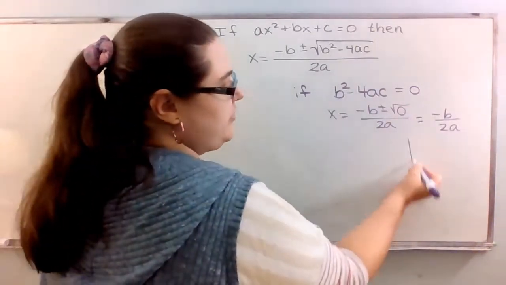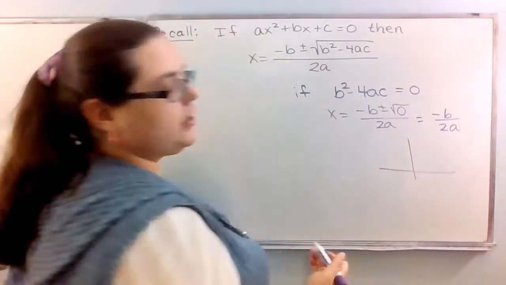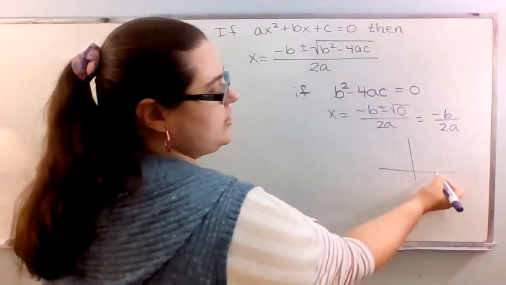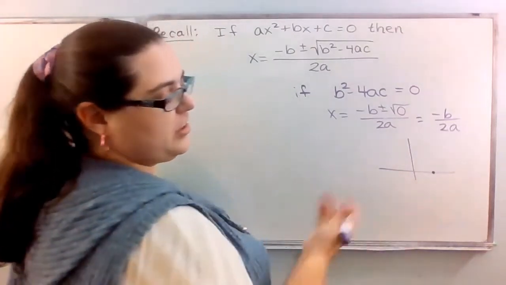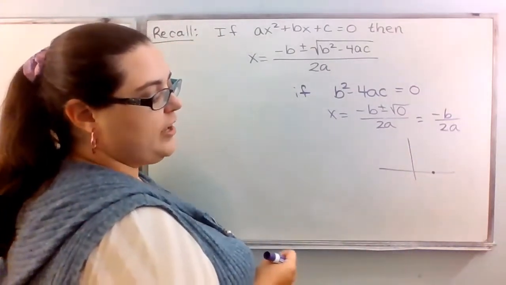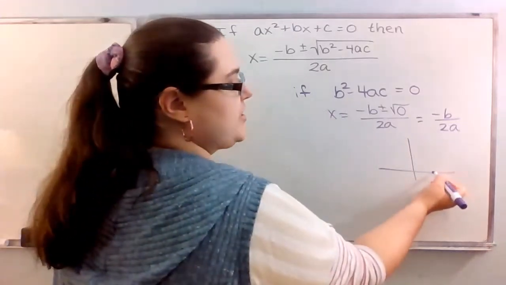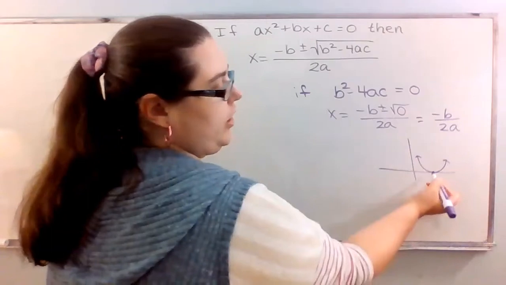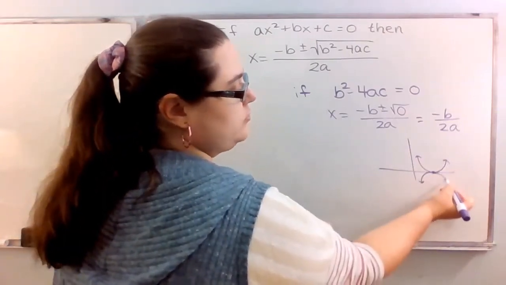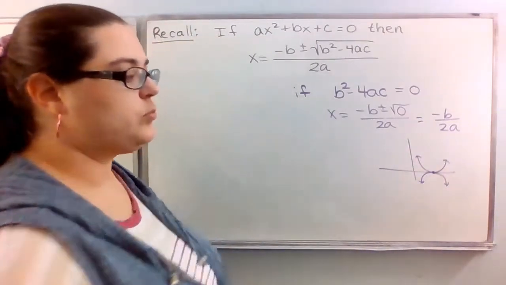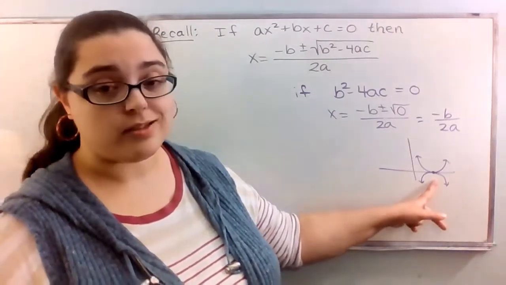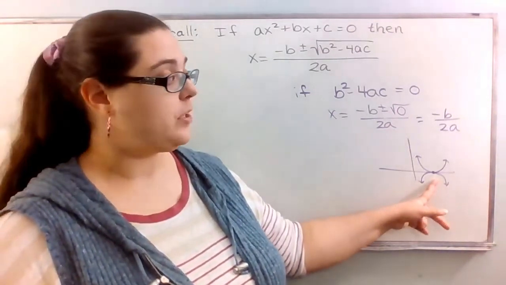So if I try and picture a parabola that only has one x-intercept, that means the parabola either has to be smiling there, or it has to be frowning there. So we get this situation where the vertex is the same as the x-intercept.